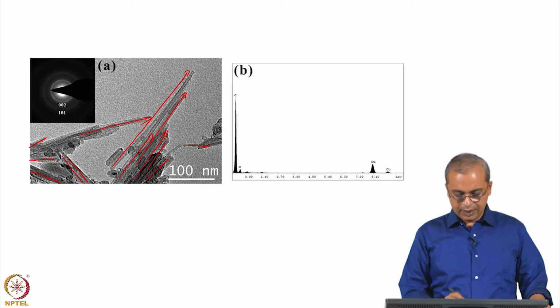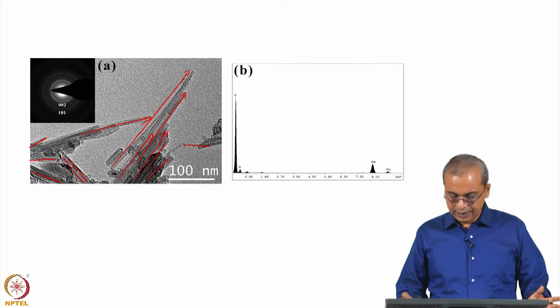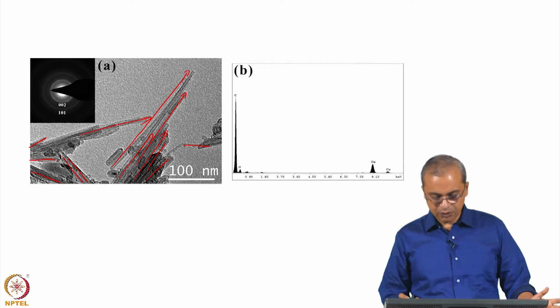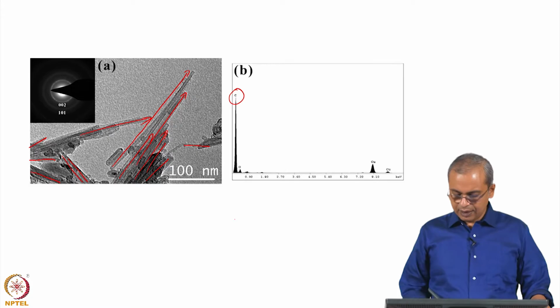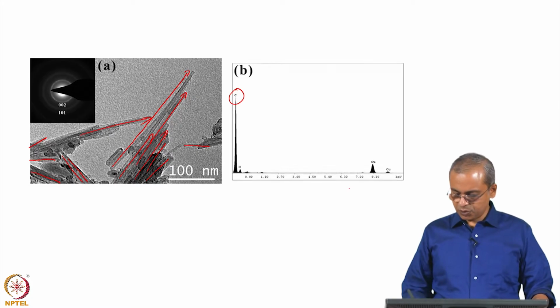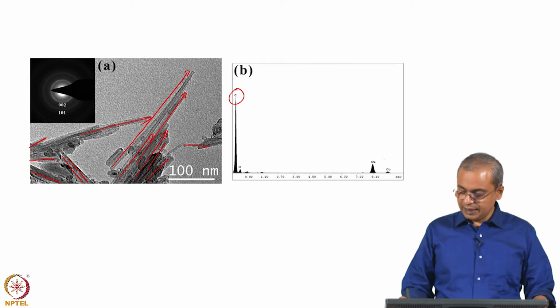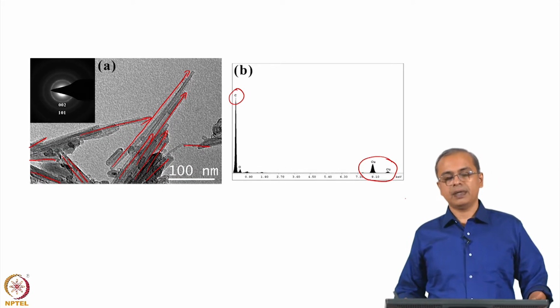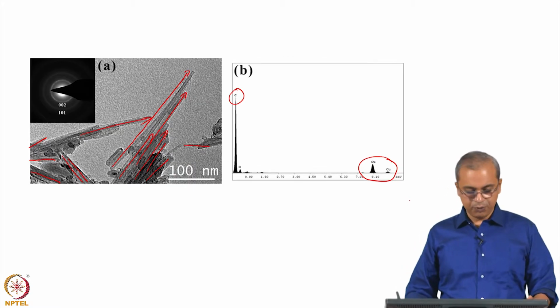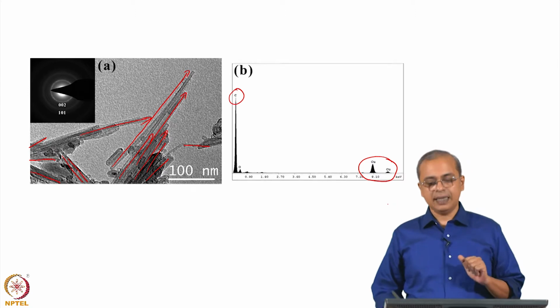Okay. So, this is what you see, and if you look at say the EDAX analysis of it, you basically only see carbon. You see carbon out here, that is what you see. A tiny bit of oxygen shows up there, that could be due to some oxide layer that is present, but more likely that it is present on the copper grid on top of which we put these materials for viewing inside the electron microscope.